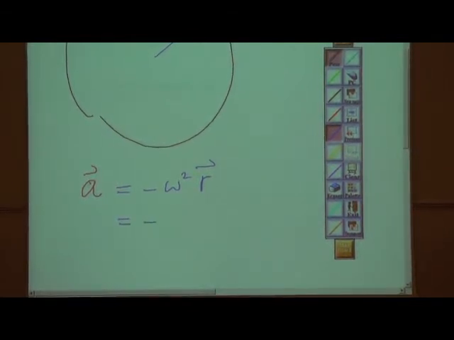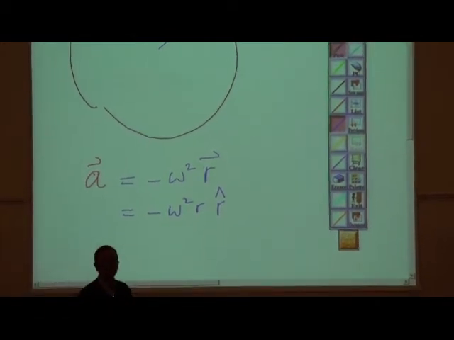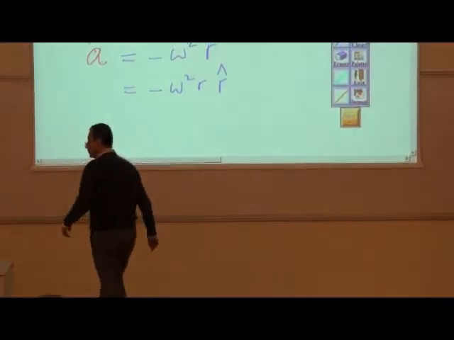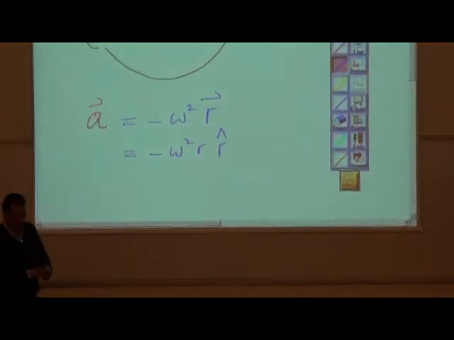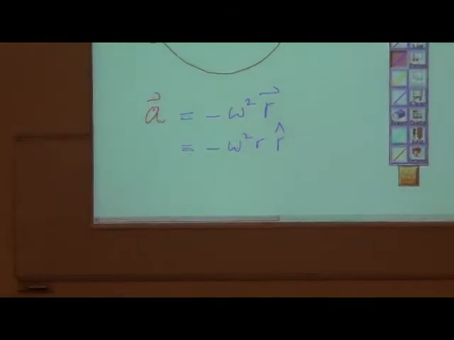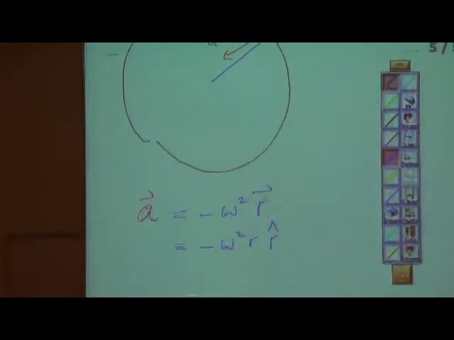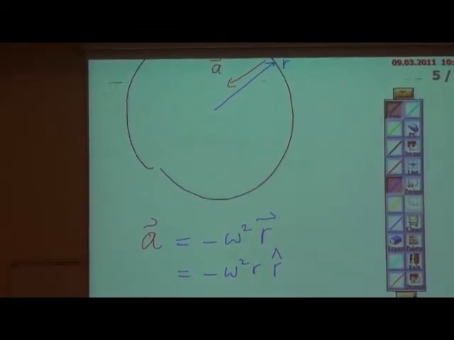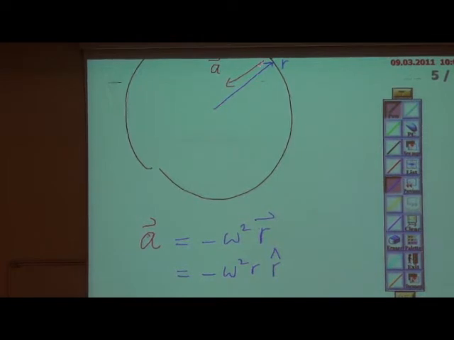And I can write it as minus omega squared r times the unit vector in the radius direction. So minus the unit vector means towards the center. This expression says my acceleration is directed in the direction of minus r hat. That means minus the radius direction, the direction pointing towards the center of the circle. And the magnitude of acceleration is omega squared times r. Okay?